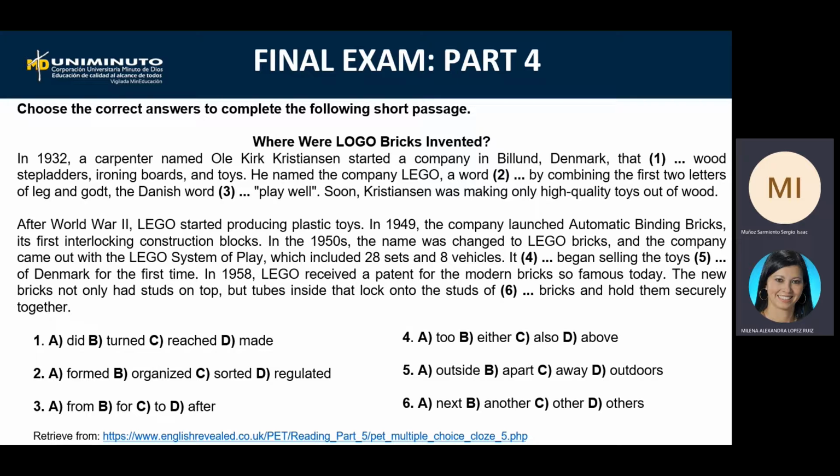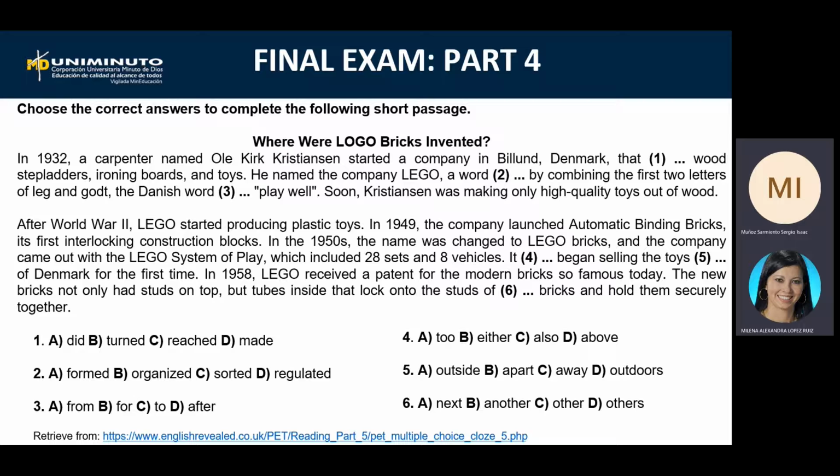It also began selling the toys outside of Denmark for the first time. So outside will be A. Correct. Outside of Denmark for the first time. Perfect.